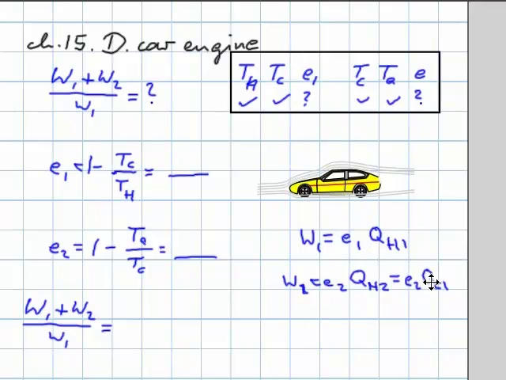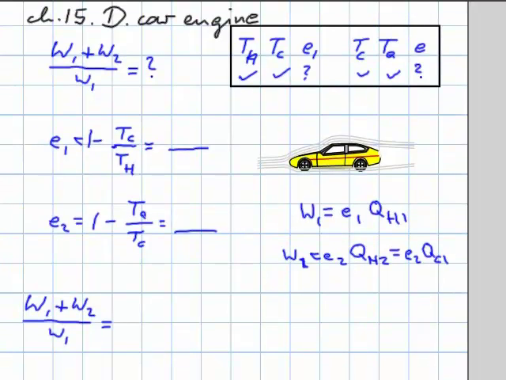So that's why I can write QC. Now I substitute all of that into that W1 plus W2 over W1 and come up with this expression. Again, from my very first take, I had that already prepared, so I'm plugging it in.